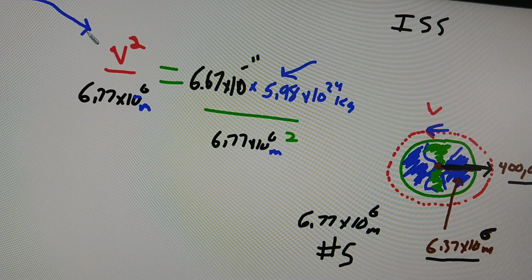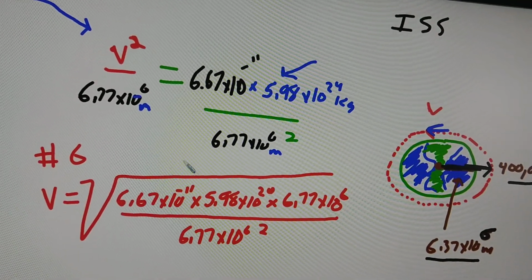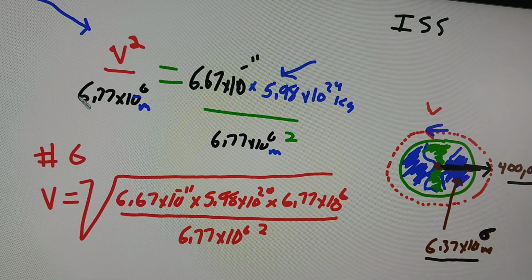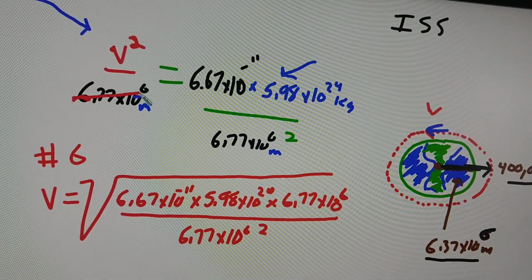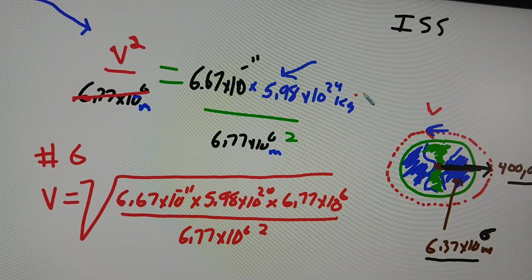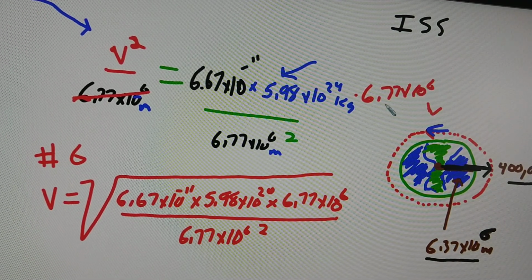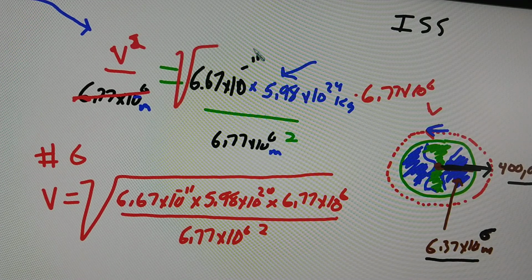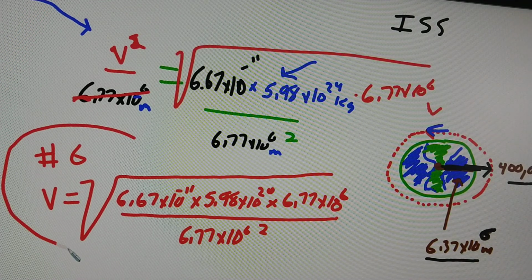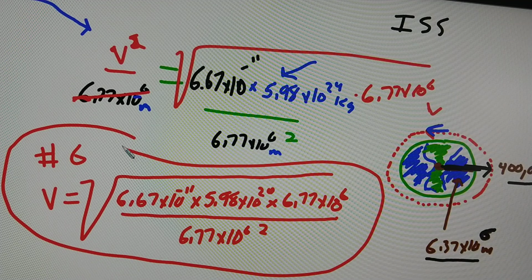Number 6, solve for V. All right, the simplest way to do that, we're going to do some Algebra 1. We're going to take this number right here and put it on the top. And then that leaves us V squared. To get rid of V squared, we've got to get the square root. So we end up with this formula right here is what you should have worked.